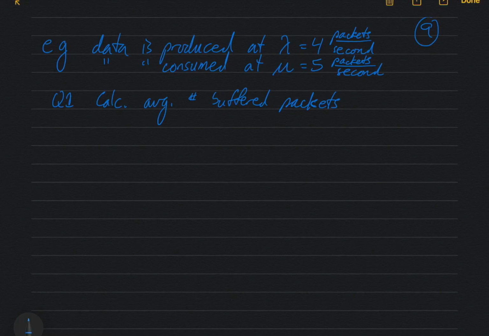The one that has to do with the number of clients in the system was L. And L, if you look back, is equal to rho over 1 minus rho. And rho in this case is lambda over mu, 4 over 5. So we've got 4 over 5 over 1 minus 4 over 5, which is 4 over 5 over 1 over 5. So you got 4 over 5 times 5, and it all works out nicely to 4.